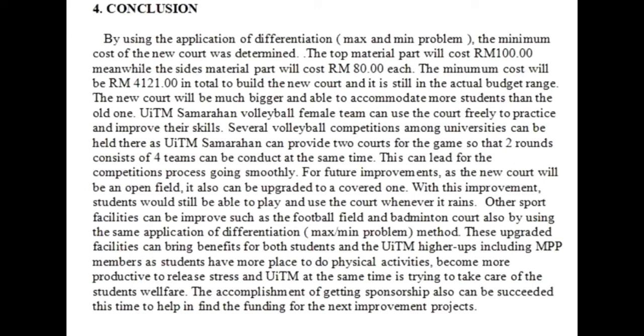The top material part will cost 100 ringgit each, meanwhile the side material part will cost 80 ringgit each. So, the minimum cost in total will be 4,121 ringgit, and it is still in the actual budget range. So, here we can say the objective was achieved.